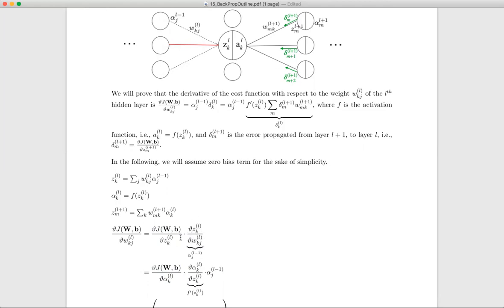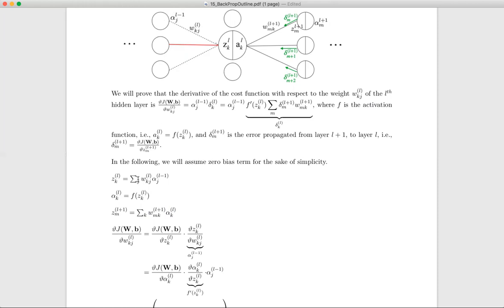Now, this first order derivative here is actually known, because the input of the k node of the L layer depends on this weight and is actually the activation of the previous layer. So essentially it is the activation function a of the layer L-1 from node j.